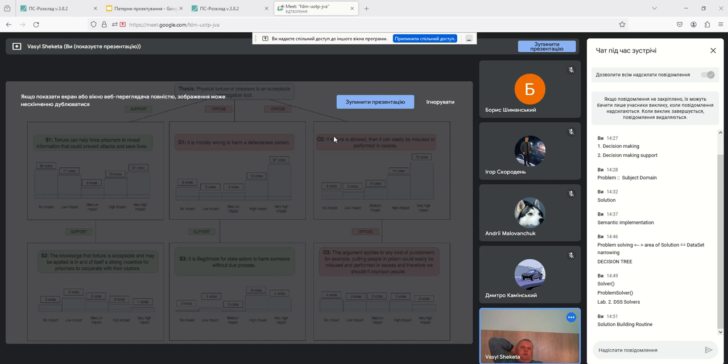Here is slide number 2. We have some voting samples. Slide 1 was presented inside of variables, DSS parameters or variables.